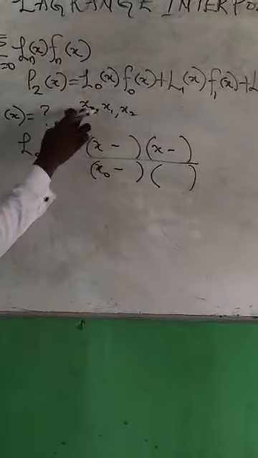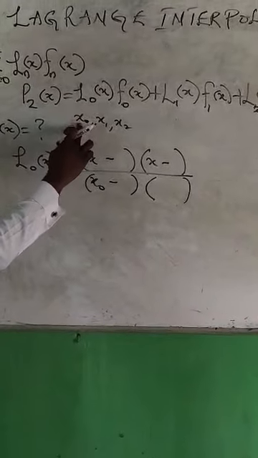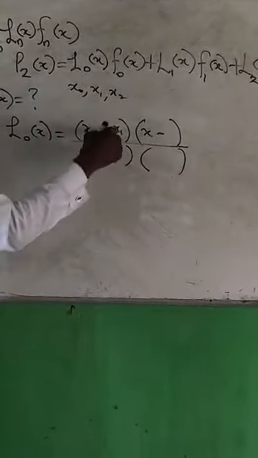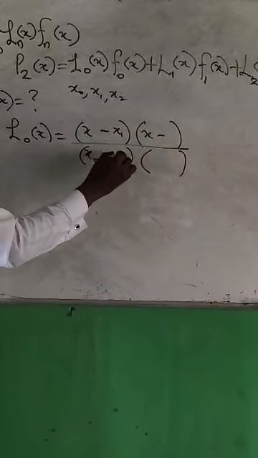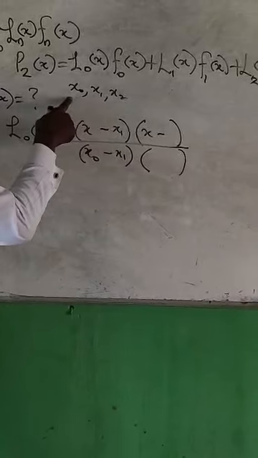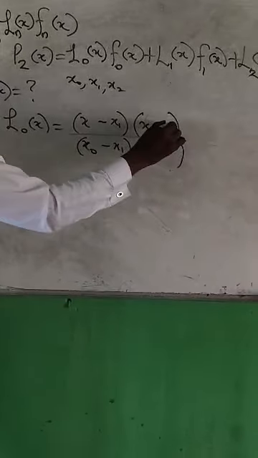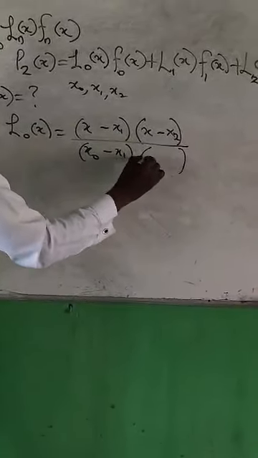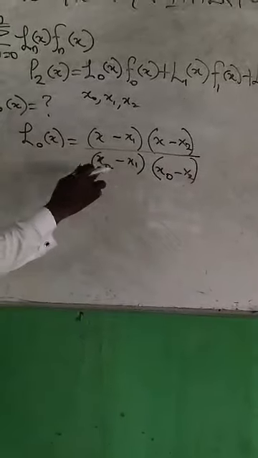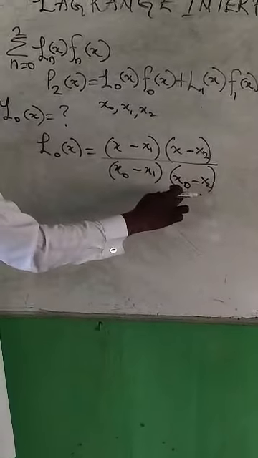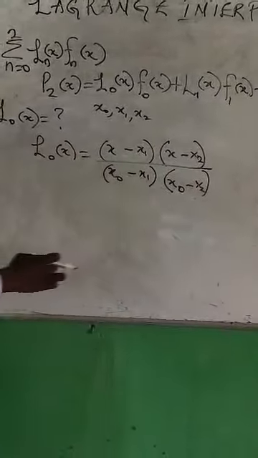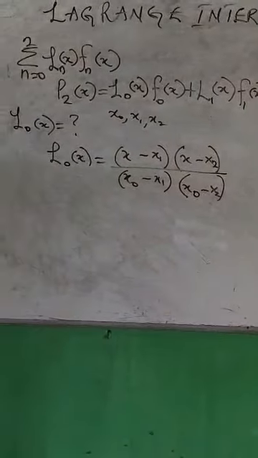X naught having been picked here, the next consecutive value is x1, you fit in x1 here, and whatever is here is what is here. The next term in the orderliness of chronology is x2, and this gives you x0 minus x2. Take note that if you have x0 here, you have x0 here. If you have x1 here, you have x1 here. If you have x2 here, you have x2 here. This is for L subscript naught.